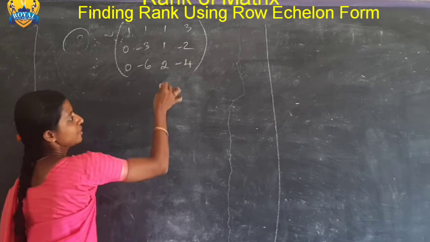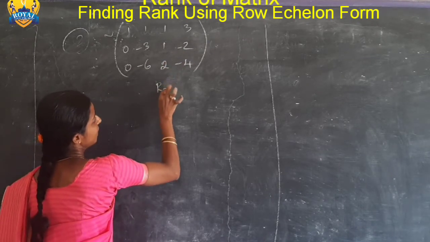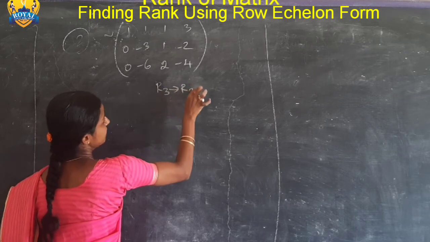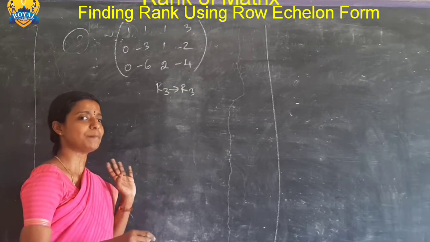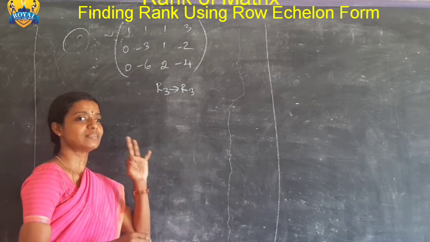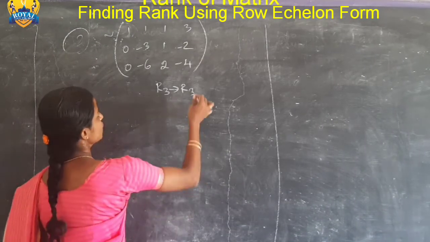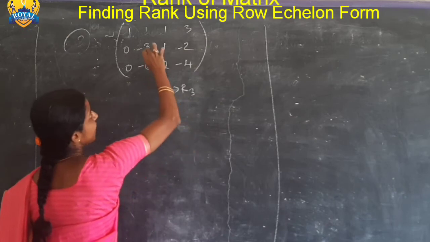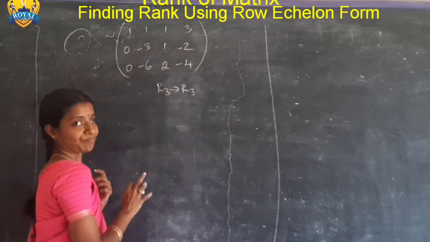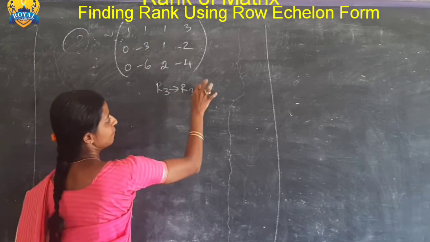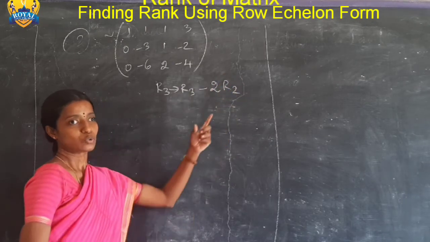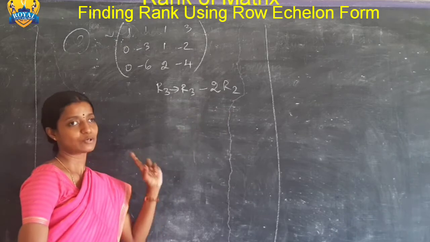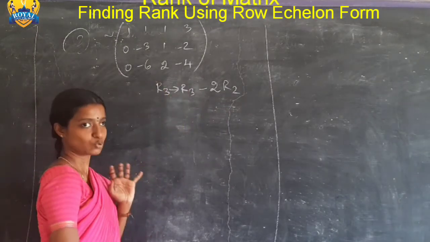So it is easy for me to make my entire third row zeros. I only need to subtract 2 times R2: row 2 I am going to multiply by 2 and subtract from row 3.